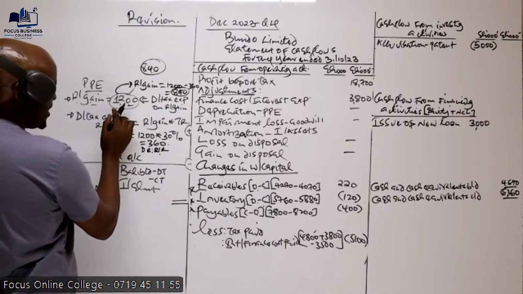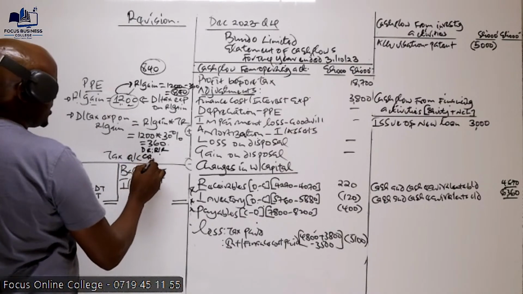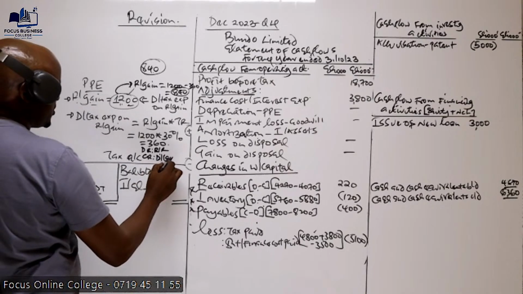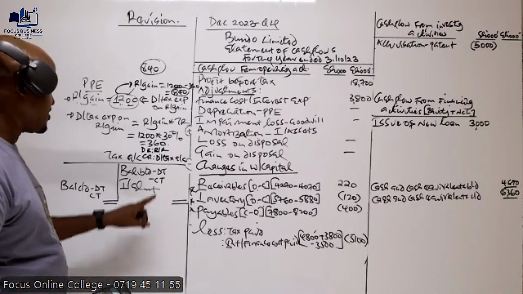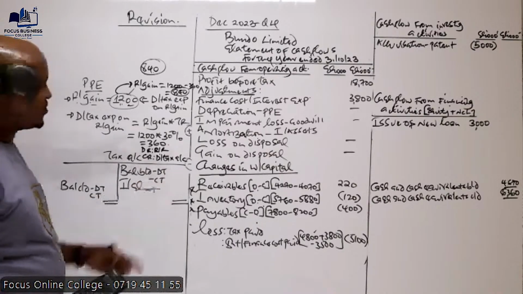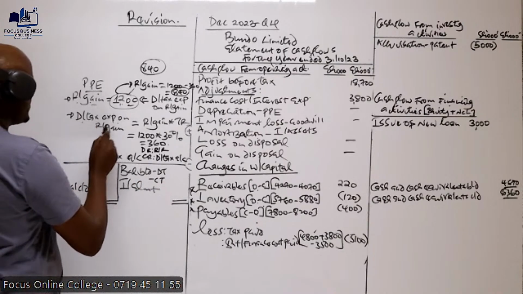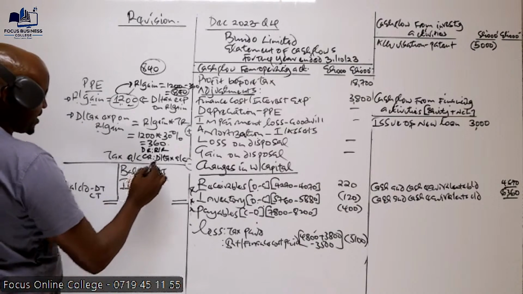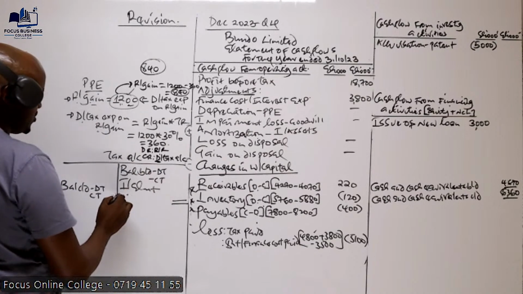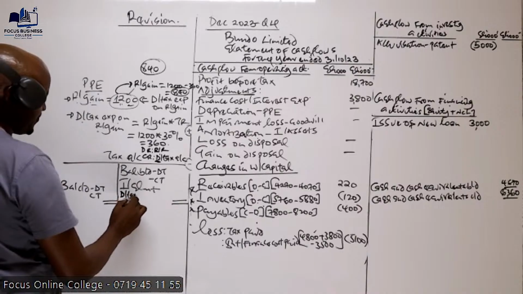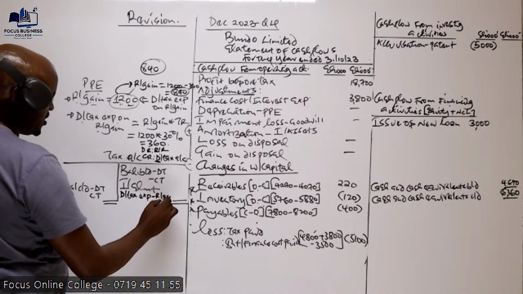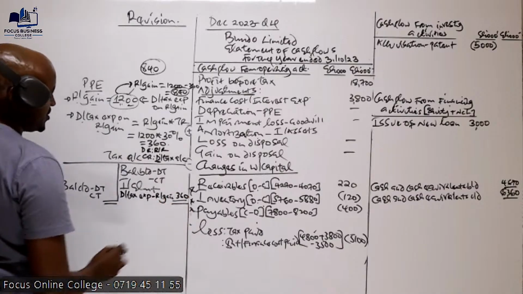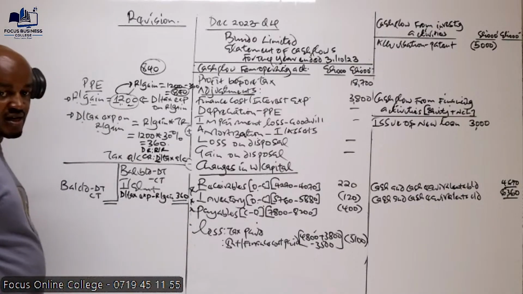To debit is to deduct it from this, and then we credit the tax account. Remember, the deferred tax is recorded here. So this deferred tax expense on the revaluation gain will also be credited in this account, an amount of 360.